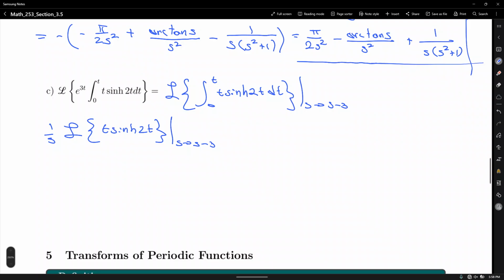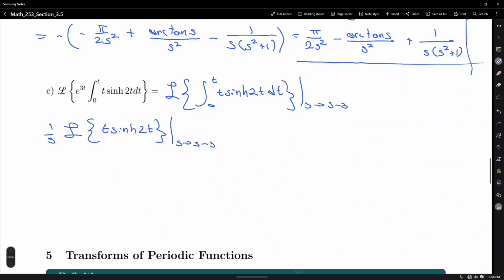All right, what's next? Take the transform of t sinh 2t. What about that t? What is that? Derivative, right? First order derivative. Luckily, we're not doing second order derivative. Otherwise, it's going to be madness. All right.